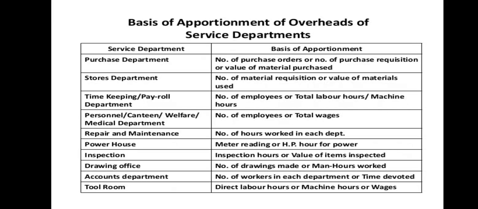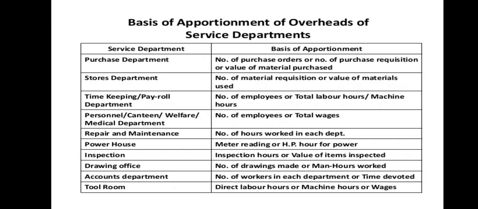Next, personnel, canteen, welfare or medical department. So here 4 service departments are given at a stretch. You can take personnel service department, canteen department, welfare of the employee department or medical department. Here the basis of apportionment of overheads is number of employees or total wages.